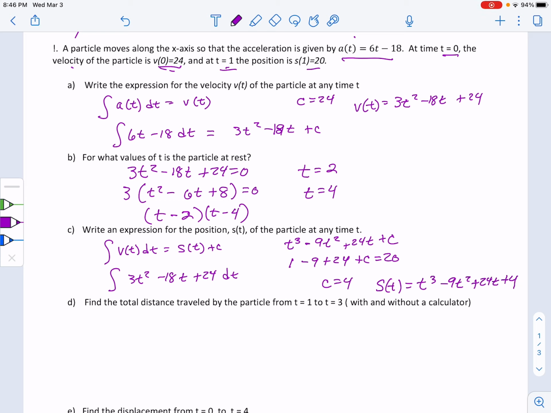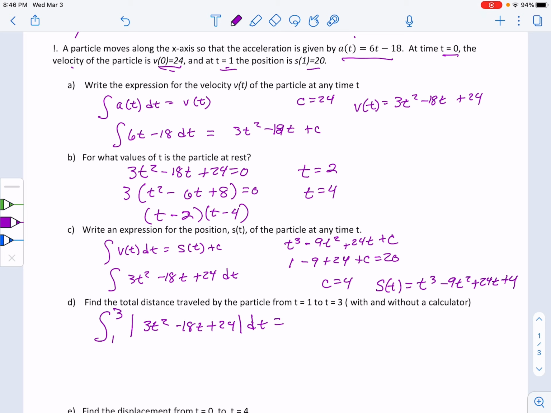It says find the total distance traveled. Okay, total distance. If you have a calculator in your hand, you can do 1 to 3, the absolute value of the velocity function. Okay, so let's put the velocity function in here. I put it in my calculator, so remember you push the math button, and then you've got to find absolute value.